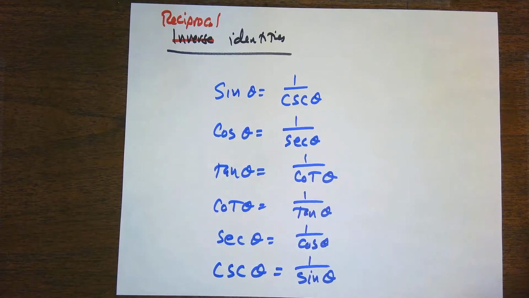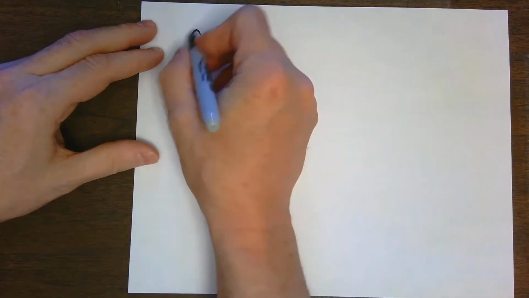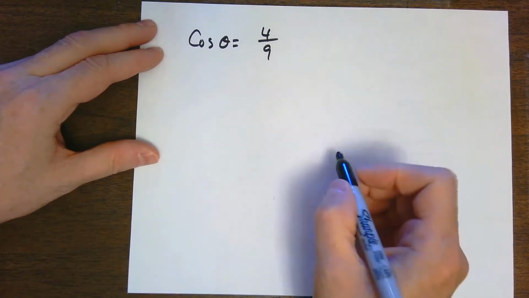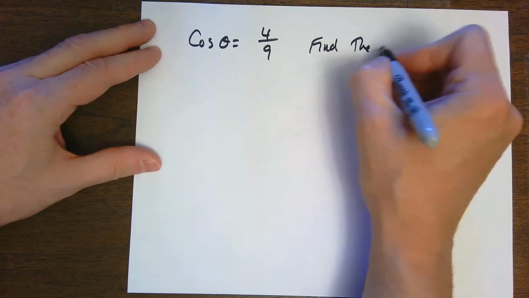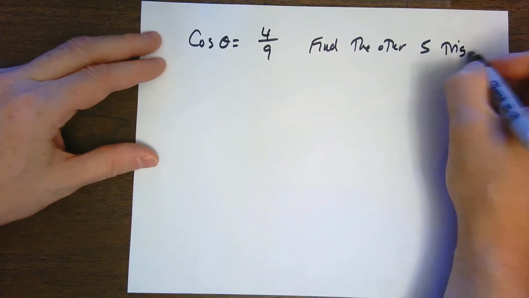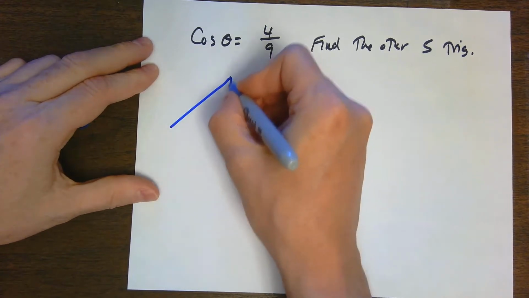All right, so let's look at a sample problem now. The typical starting level of this type of problem is, suppose I tell you that the cosine of an angle is 4/9, and I want you to find the other 5 trig values. If we draw a diagram, I've got an angle.